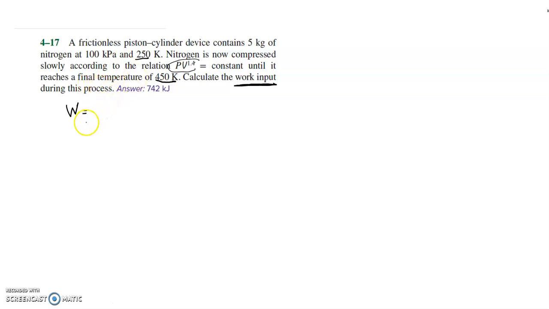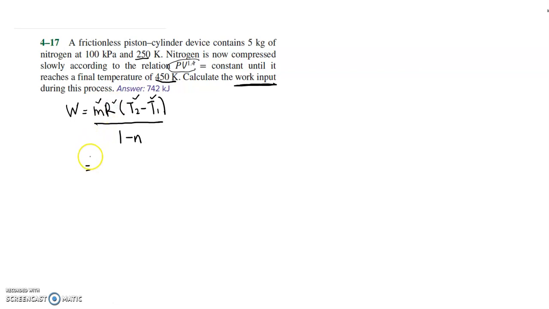So here you have to use this formula for polytropic: W equals to mR(T2 minus T1) over 1 minus n. Okay, so your m, mass. So you actually have everything: T2, T1, your mass, and your R.